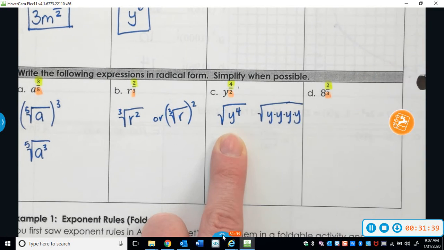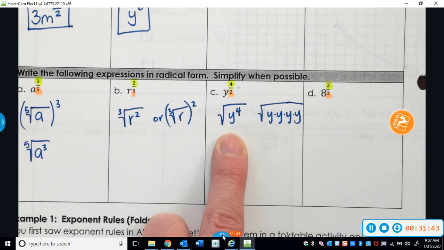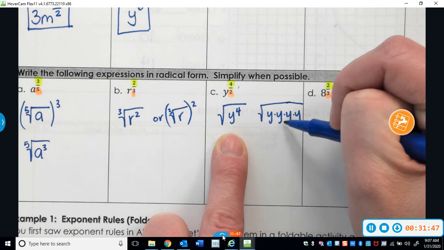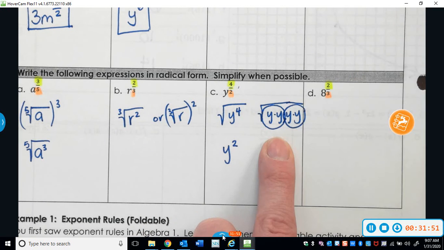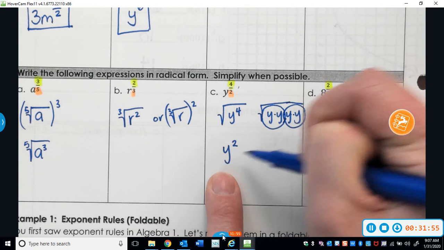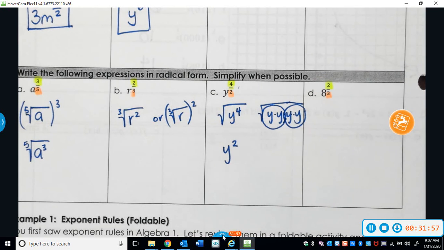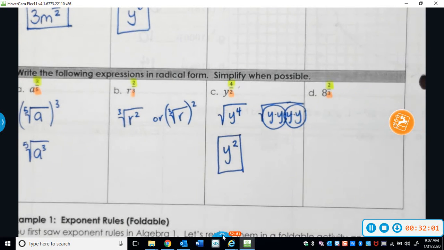And when you're simplifying radicals, for a square root, how many groups do you need, or what needs to be in a group in order to be able to take the square root of it? So for a square root, any group of 2 I can take the square root of. So that tells me that one of these will come out and a second one will come out, and I'd still get y squared either way. Questions about that one?